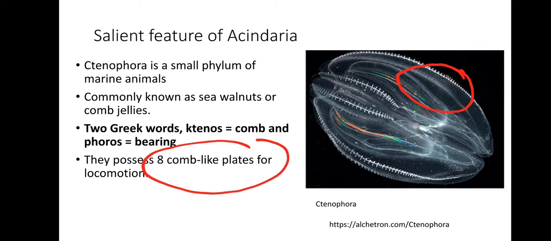Comb-like plates are present, basically for locomotion, so the name Ctenophora or comb jellies. Body is jelly-like, so almost it looks like some jellyfish, even though it is not. But they are called comb jellies, jelly-like body with combs on the surface. That's how you can say comb jellies or sea walnuts, or specifically Ctenophora is their name.